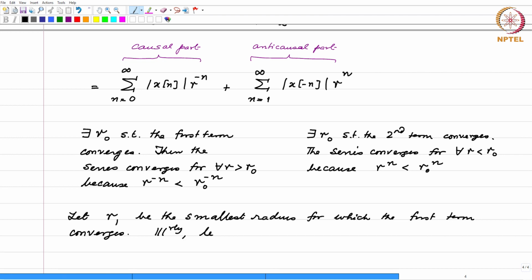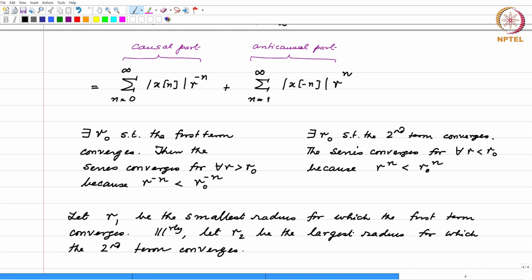Similarly, let R2 be the largest radius for which the second term converges.